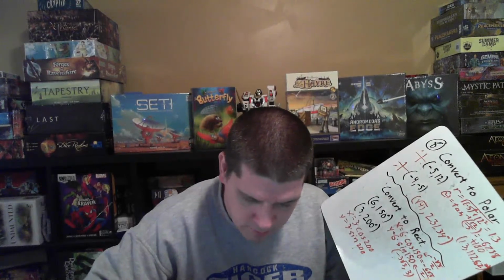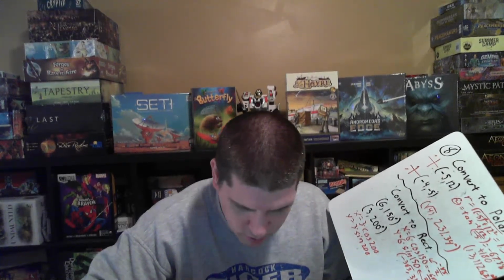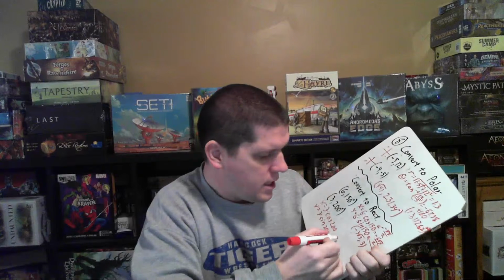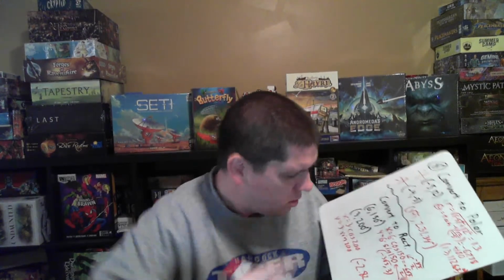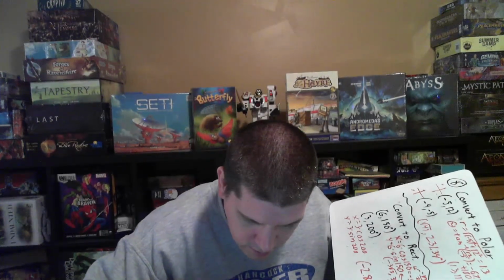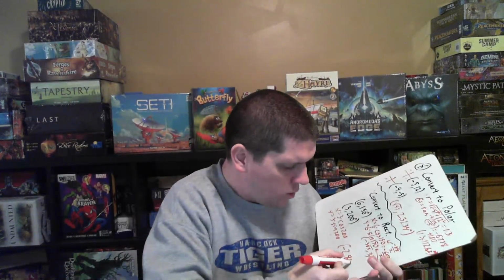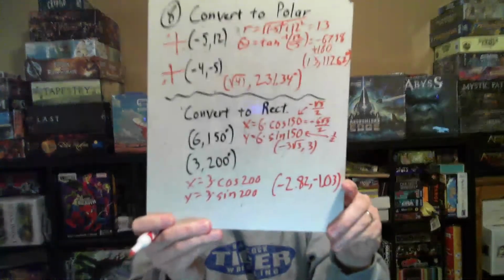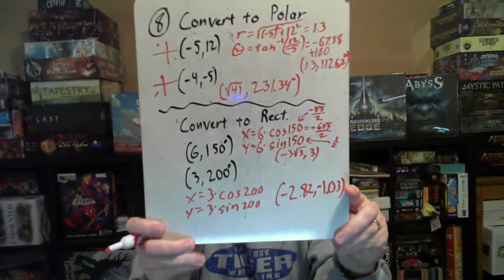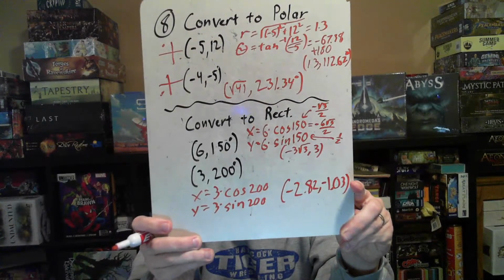If I do 3 times cosine of 200, I get negative 2.82. And then 3 times sine of 200, we get negative 1.03. So this time we did have to approximate just because they weren't those nice, pretty square root values that we're used to. And that might happen from time to time, where you have some numbers that just aren't as pretty as we'd like, and that's okay.